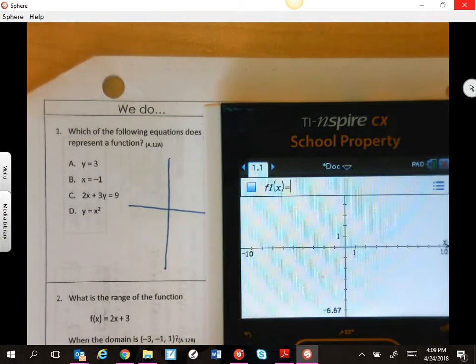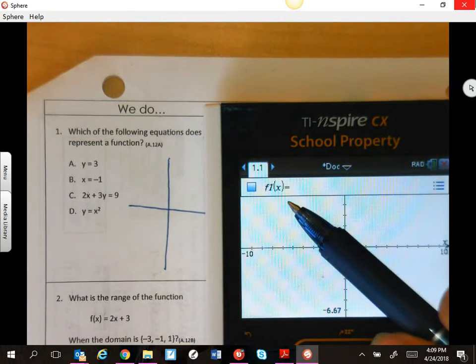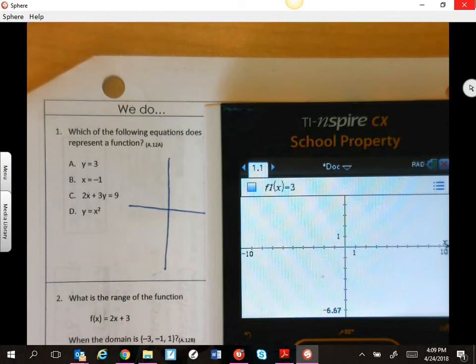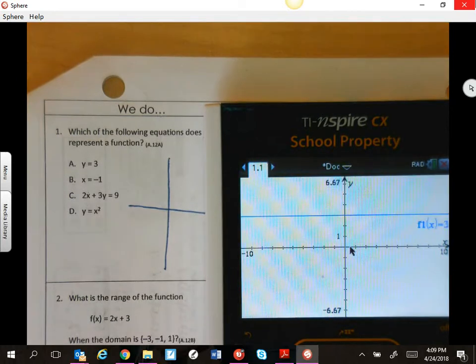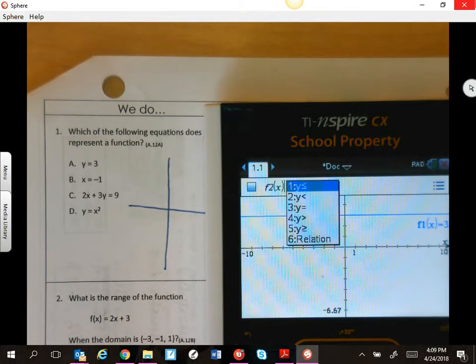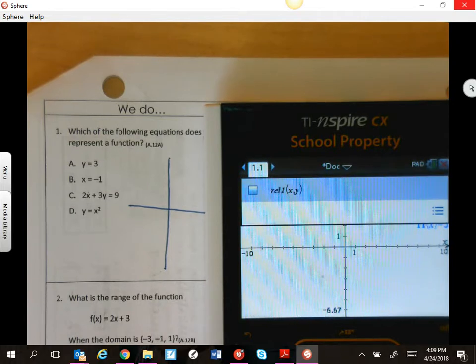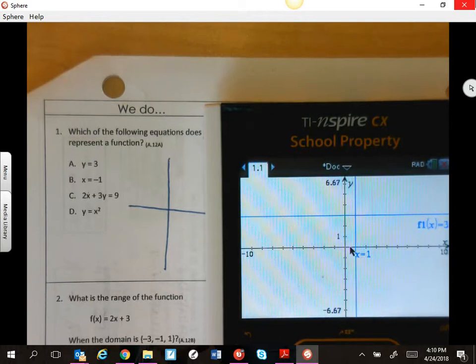So, remember, f of x is the same as y equals 3. Nope. We can hit tab, delete this and go to relation, and tell it x equals 1. Well, that's a vertical line, so that's probably it.